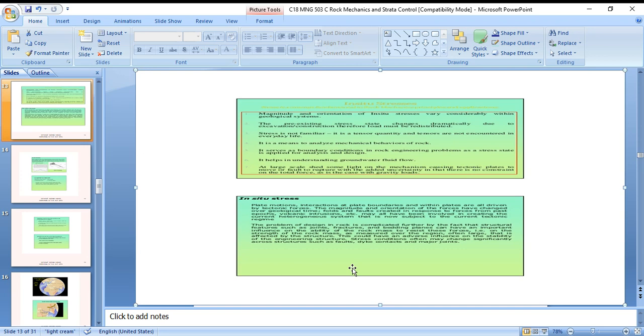Volcanic intrusions, etc., may all have been involved in creating the current heterogeneous system that is now subject to the current tectonic regime. The problem of design in rock is complicated further by the fact that structural features such as joints, fractures, and bedding planes can have an important influence on the ability of the rock mass to resist these forces.